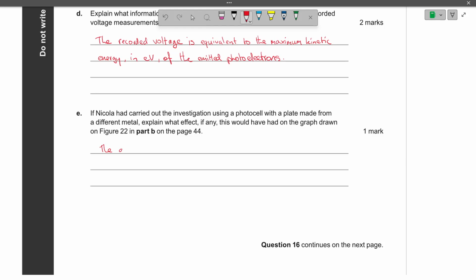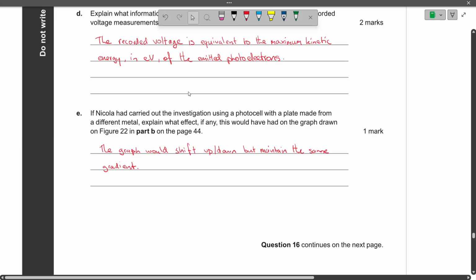So the graph would shift up or down, but maintain the same gradient. Or we'd hope for it to have the same gradient, or if not, very close to the gradient that we've measured.